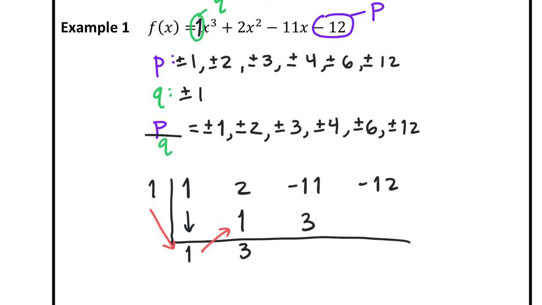That's 3. Then what's negative 11 plus 3? It's negative 8. Then what's 1 times negative 8? That's negative 8. Then what's negative 12 minus 8? It's negative 20. So my remainder is negative 20.